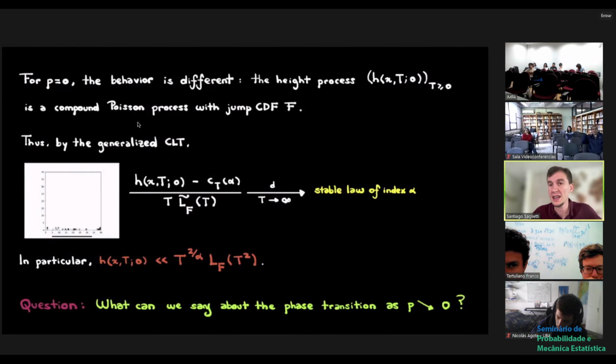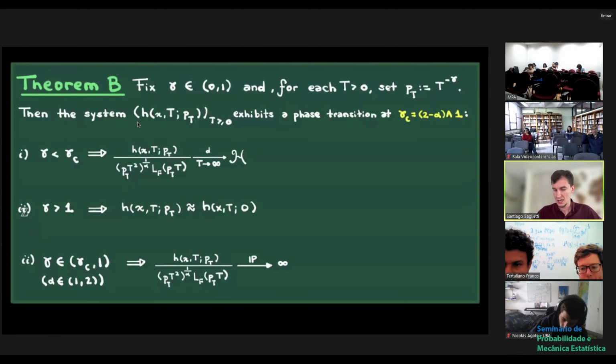So it will grow at least as fast as random deposition, but we don't know if it grows at the same speed or not. We don't know what the correct order of magnitude of this height is in this case.